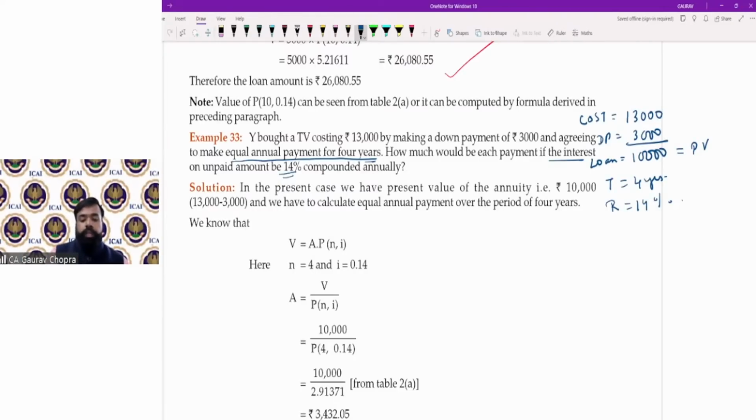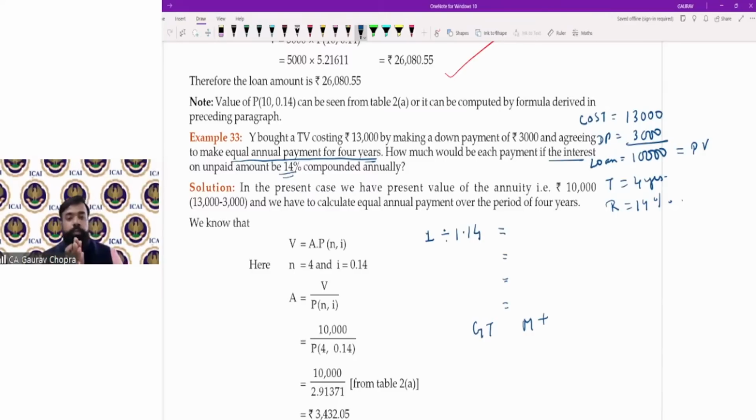How to calculate? Let's do once again. 1 divided by 1.14. Press equal to 4 times. After that, GT and then GT multiply by, use GT, and after this GT, you have to use M plus button.